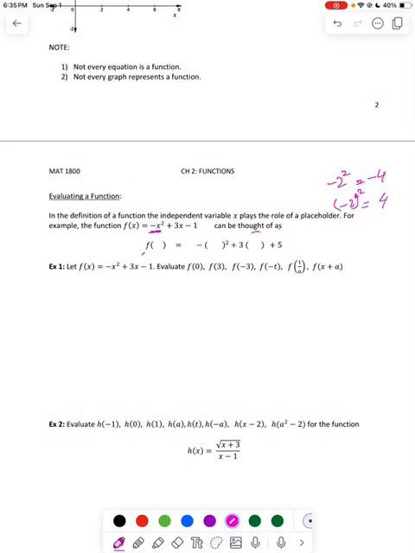Same function. So we have to evaluate f of 0, f of 3, f of minus 3, and so on.